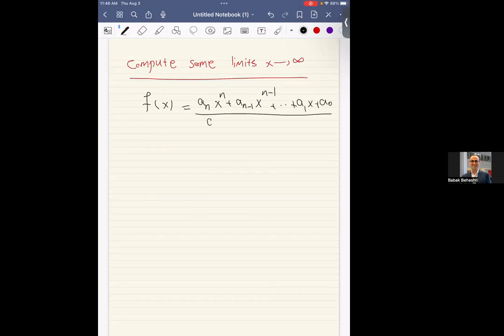You also have a polynomial at the bottom. And you want to compute the limit of f of x as x goes to infinity. So how to compute the limit of f of x as x goes to infinity?